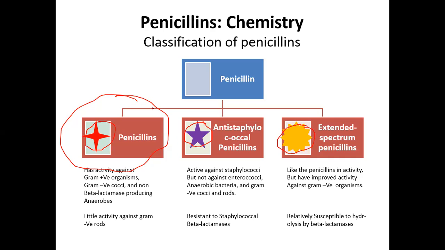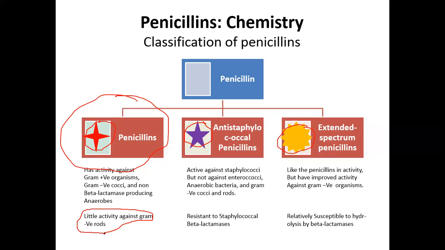So when we go to the anaerobic organisms, they are meant to work against several of them as long as they are not beta-lactamase producing, okay? And then it is important to note that they have little activity against gram-negative rods.